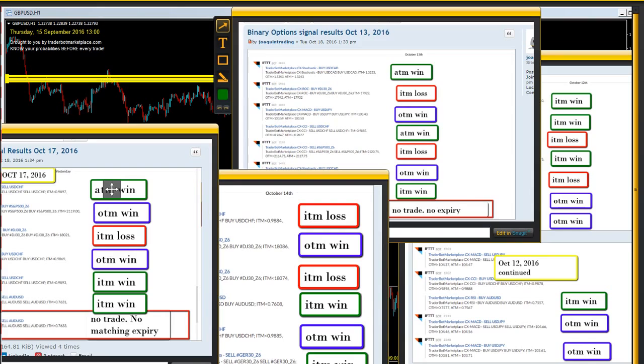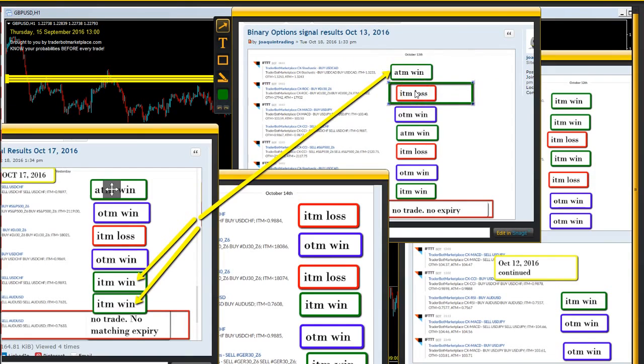Let's look for 3 that haven't won in a row. Okay. Let's just go left to right here. Here's one, and here's one. Okay, here's 3 that did not win OTM. So we're going to say this is a loser OTM, this is a loser OTM, and this is a loser OTM. On that next trade right here, start.